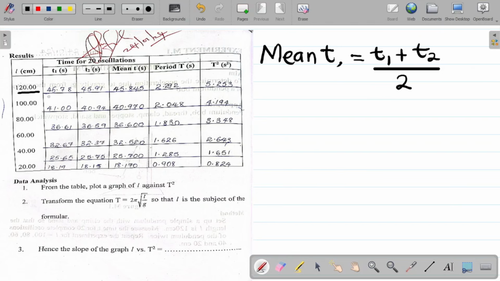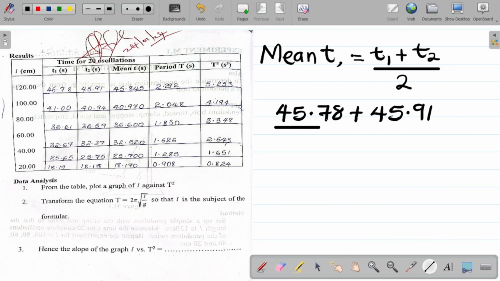At 120, T1 is 45.78, and T2 is 45.91. So I'll take off this value. It becomes 45.78 plus 45.91, all of this divided by 2.